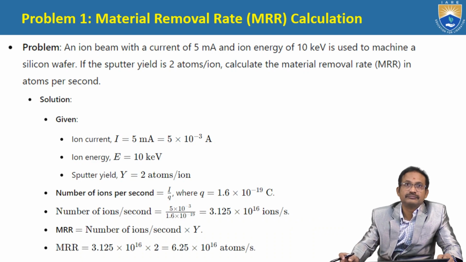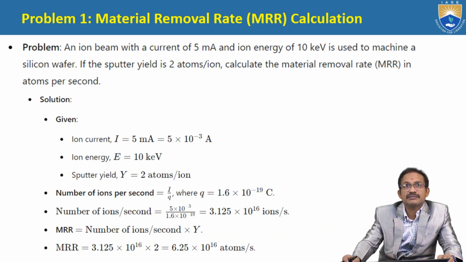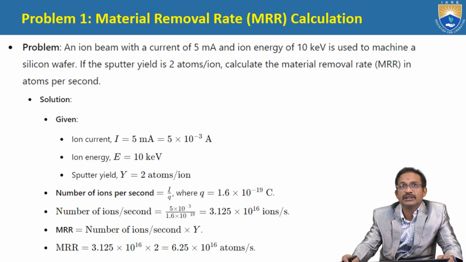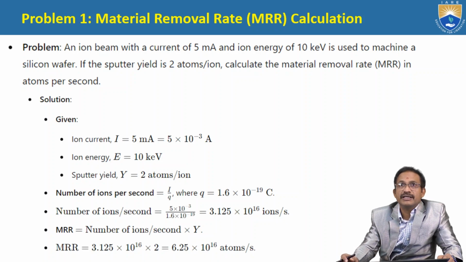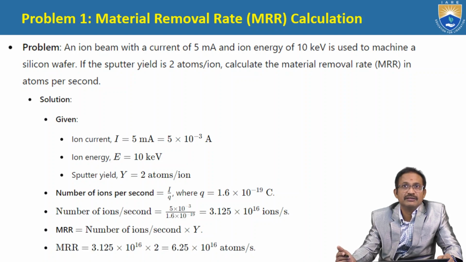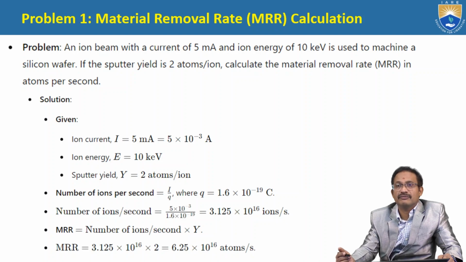Now let us discuss problem number 1, material removal rate calculation. Usually we need to find the material removal rate. Of course, if some other data is given, we need to find the required values.